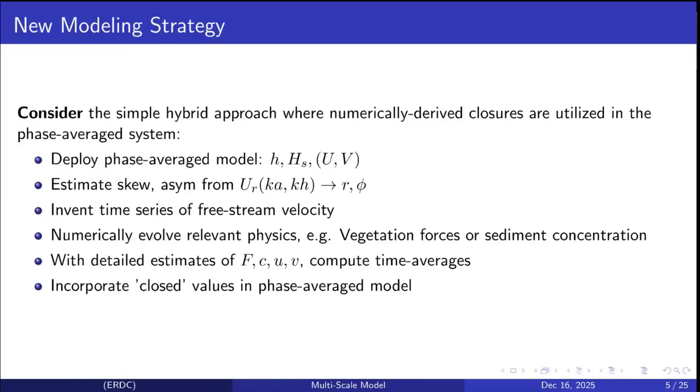Then we can numerically evolve the relevant physics. That could be the vegetation forces or the sediment concentration. Of course, today I'm concentrating on the sediment concentration. And then with the detailed estimates of these phase-resolved physics, we can compute what the time average is. And then we can numerically average them and incorporate these closed values back in the phase-averaged model.